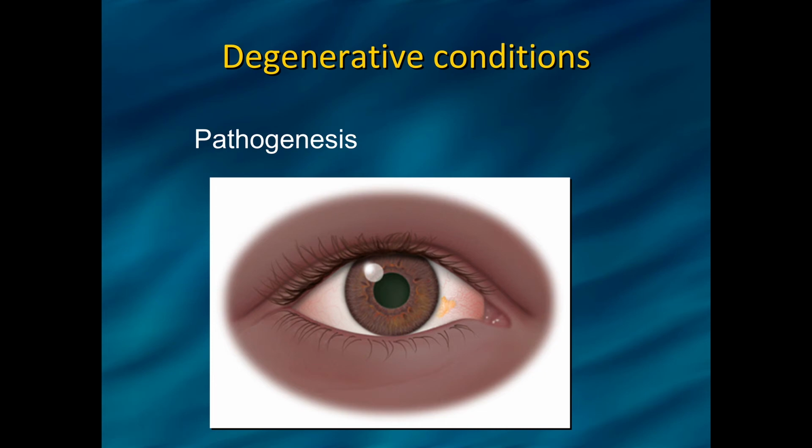If you look at your friends around you, you'll find 10% or so of people in our area suffering from this degenerative condition, because we are exposed to UV light more than people in Europe.